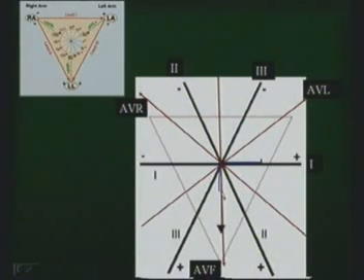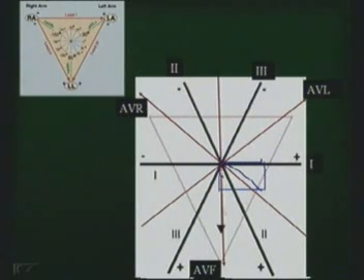You complete the rectangle here. The diagonal tells you the axis of the heart. This is going to be accurate. If you put a protractor there and measure the angle, that's how we used to do it in geometry, so you'll get an accurate angle. But if you want to just have a guess at it, you know this is 0, this is 30, so you are somewhere around 26-27 degrees.